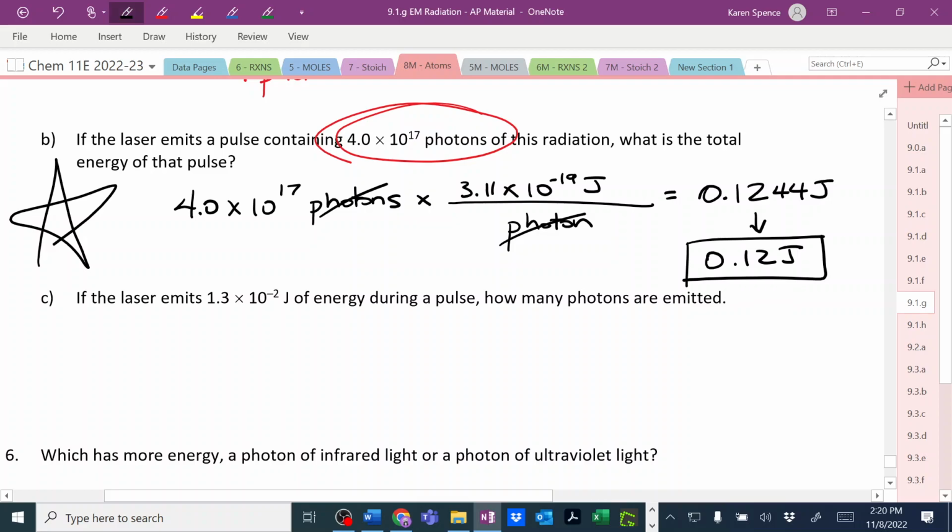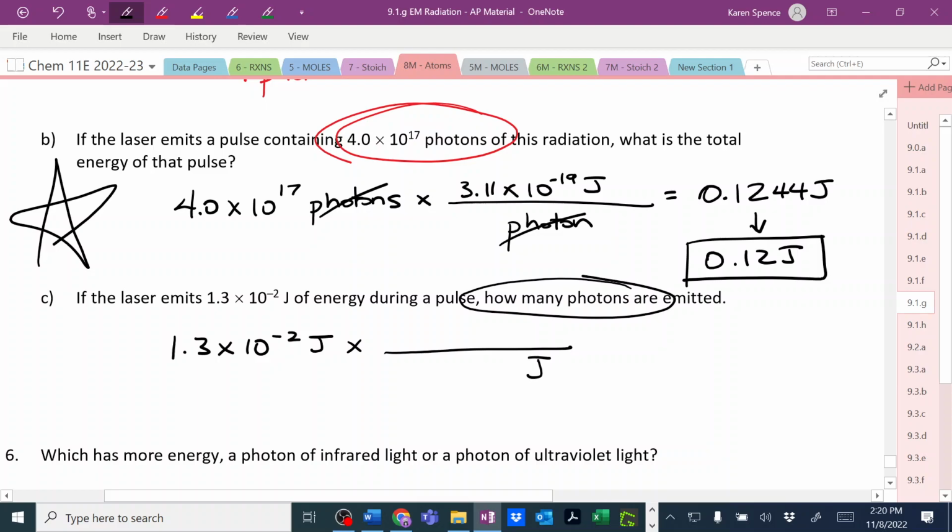Would we like to look at C? Okay. So we are starting with 1.3 times 10 to the -2 joules. And we want to know how many photons. So wouldn't it be nice if we could cancel our joules and find photons?